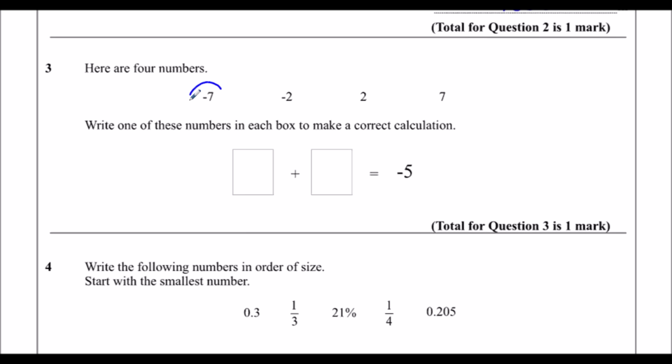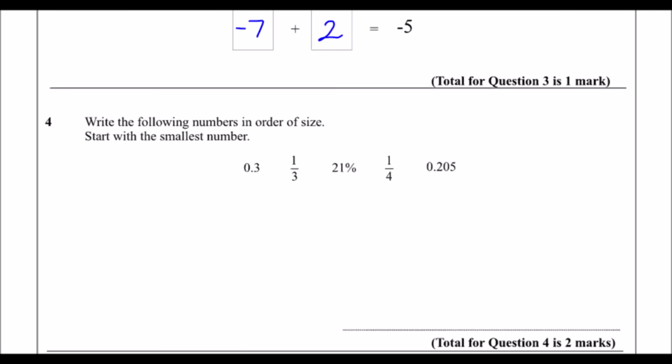So if we start at -7 and go up 2 spaces, we get to -5. We could also have the same 2 numbers the other way round. So we could also have 2 plus -7, which means 2 take away 7.